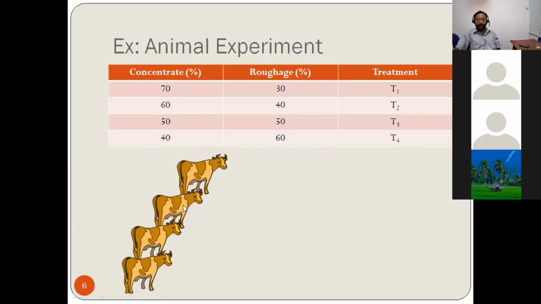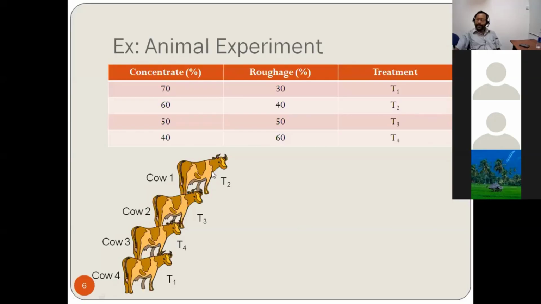Now here, how many cows are there? 4 cows. Are all 4 cows receiving the same treatment or different treatments? Different. So for example, cow 1 receives treatment 2, cow 2 receives treatment 3, cow 3 receives treatment 4, and cow 4 receives treatment 1.